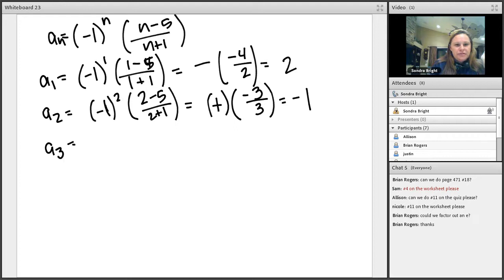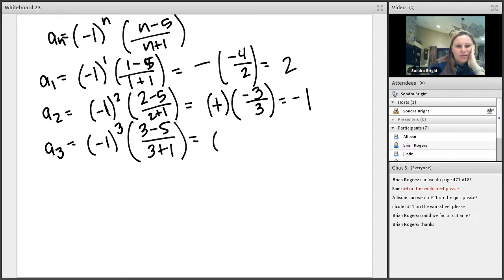And then the third term is (-1) cubed times 3 minus 5 over 3 plus 1, which ends up giving you a negative and then, what is that? Negative 2 over 4. It's definitely not obvious right now, but it's positive, a positive 1/2.